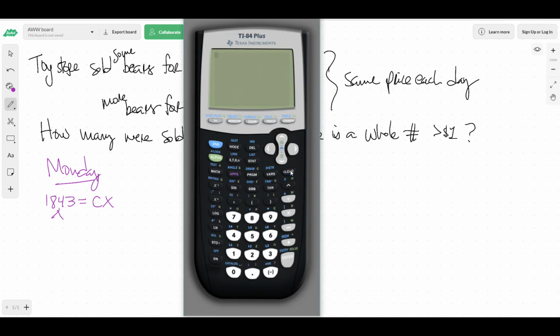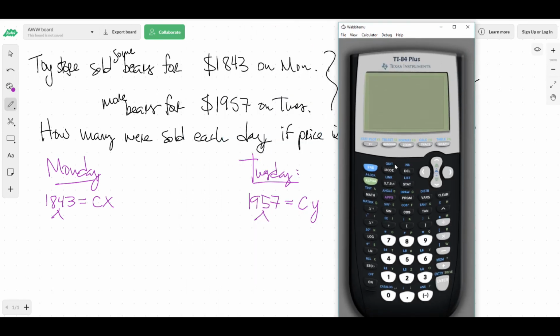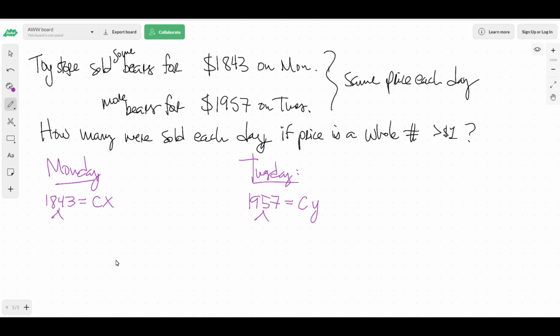It might be more valuable for me to... No, so 7, 8... Just trying to break down this number right now. So 1843 divided by 7 doesn't work. 1843 divided by 8 doesn't work. I'm not going to do it like this. You know what? I think I have to.